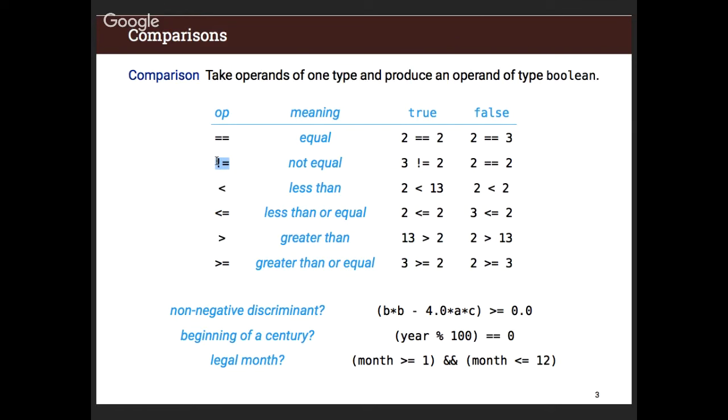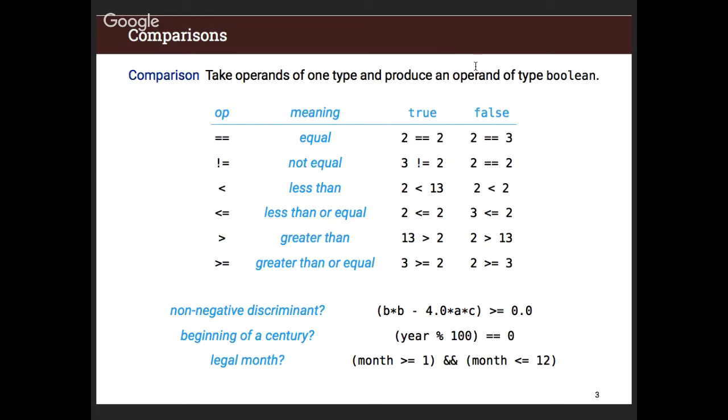Secondly, you can write not equal by writing an exclamation mark and an equal sign. Once again, they have to be next to each other, no spaces, and they have to be in that order. You can't write equals, exclamation mark. But bottom line is, not equality does what you think it does. It'll say, is 3 not equal to 2?